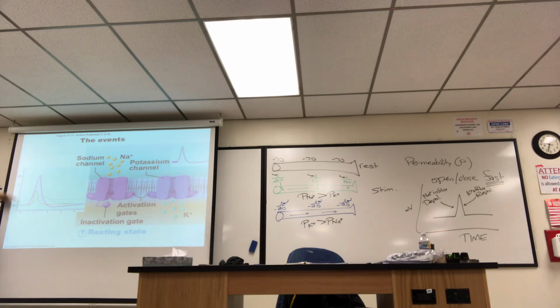This is millivolts here. Permeability is the other axis. It's not labeled there. So permeability to two things, the yellow and the green. What is this yellow curve representative of? Permeability of sodium. And the green curve is permeability to potassium.